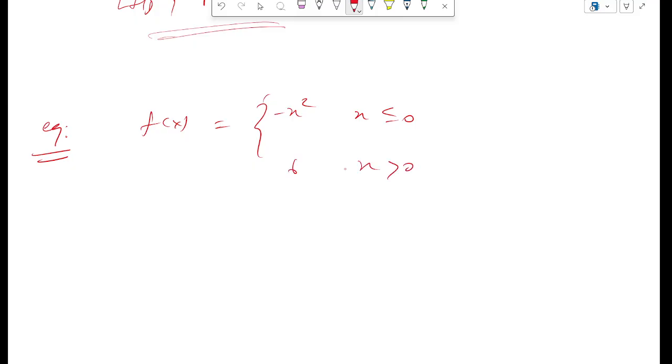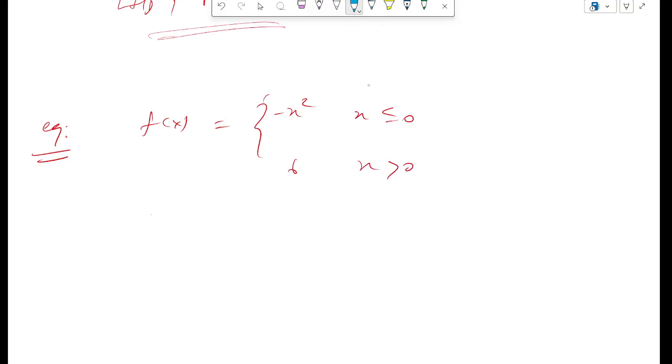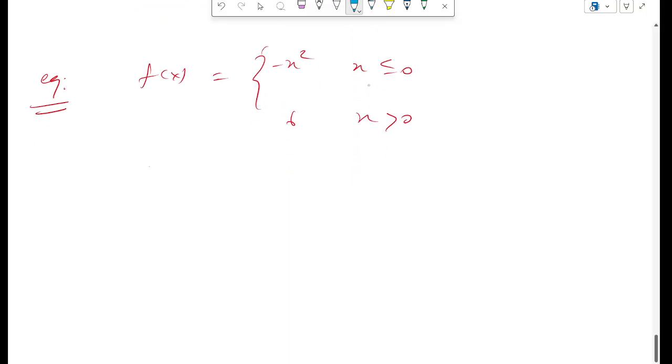Just a simple example. Now let's calculate this using the formal definition that we just defined. First we will calculate the left hand derivative. What is the formula? Limit x tends to c minus. Remember that we are calculating at x equal to 0 here, so in this case c is 0 for us.